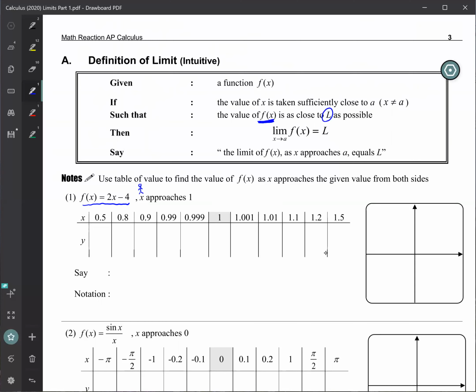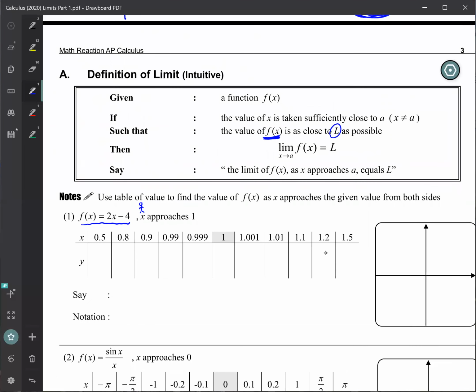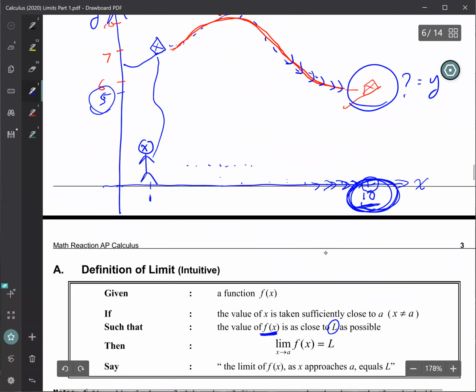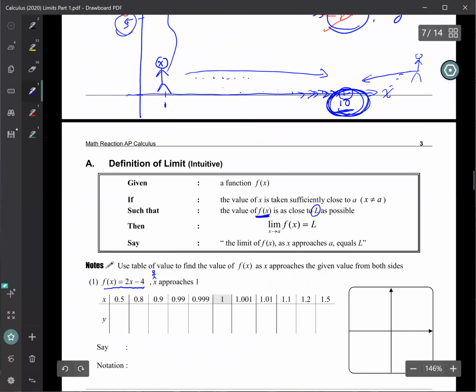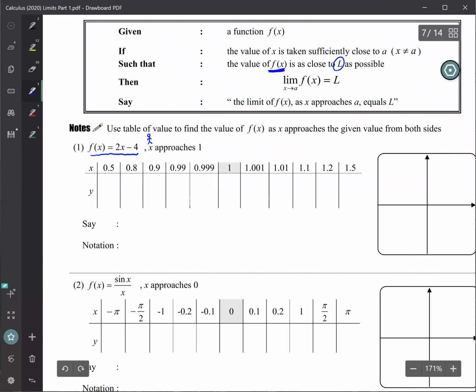If you look at the table, you can walk towards 1 from both sides. You can walk from the right side, or you can walk from the left side. So we have the person walking from the left side, 0.5, 0.8, 0.9, 0.99, and so on, approaching 1.